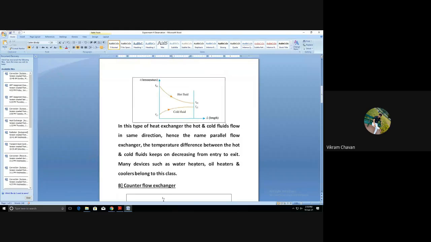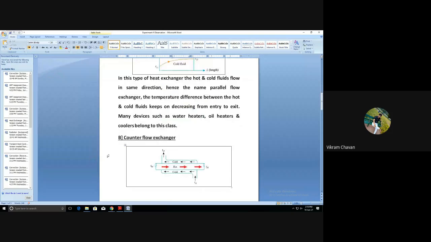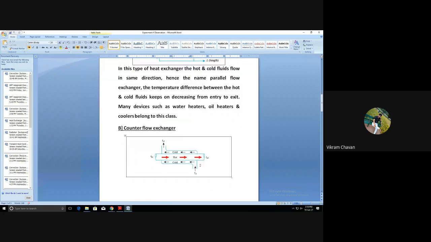Whereas the counter flow heat exchanger, if you consider this particular diagram for the counter flow heat exchanger, then you'll come to know that the hot fluid is entering from this side. Okay, so TH1 temperature we have provided in this diagram on this side, whereas the cold fluid is entering from the opposite side. Both the fluids are flowing opposite to each other, so because of that, we say it is a counter flow heat exchanger.